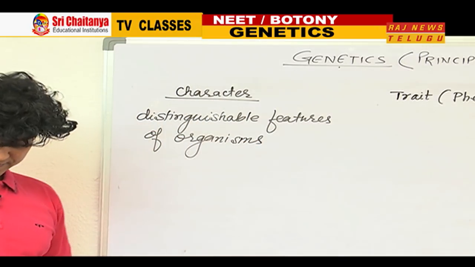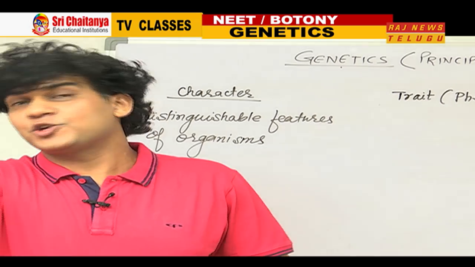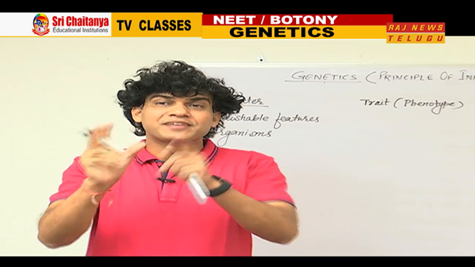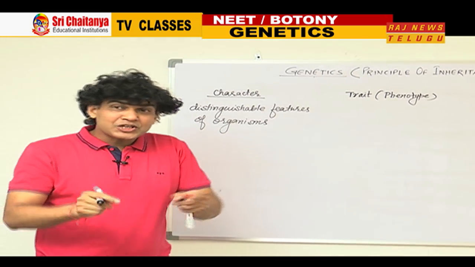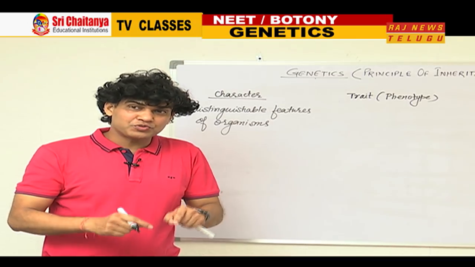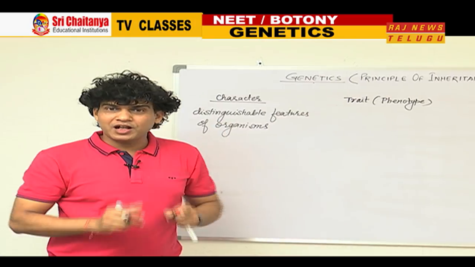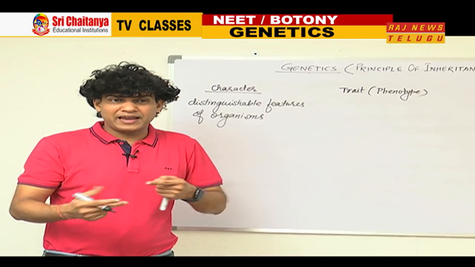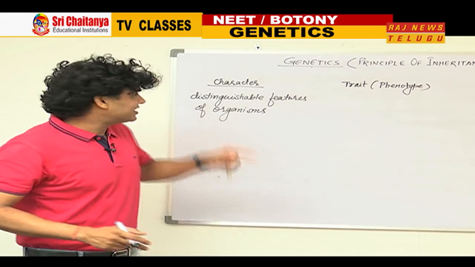Whenever you observe any human being, how can you judge that it is a human being? Because you instantly observe some characters. Those characters that you observe are actually the determinant on behalf of which you can immediately judge that it is a human being. Whenever you observe any cow, you observe some distinguishable features like 4 legs, like horns, and so many things, on behalf of which you judge that it is a cow.